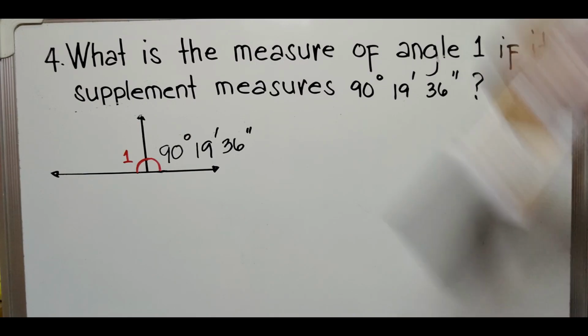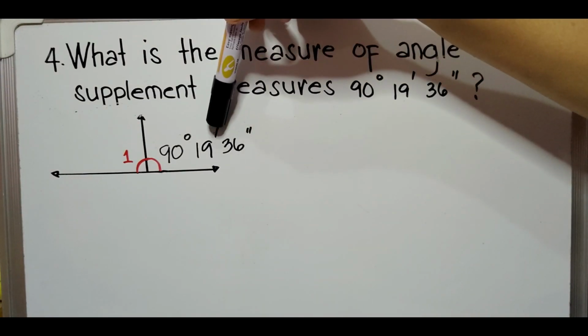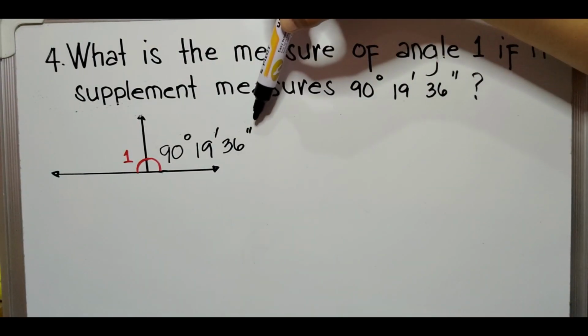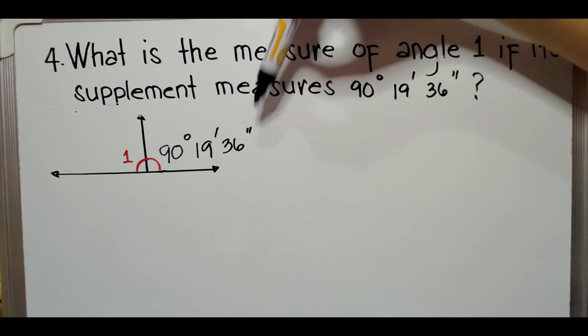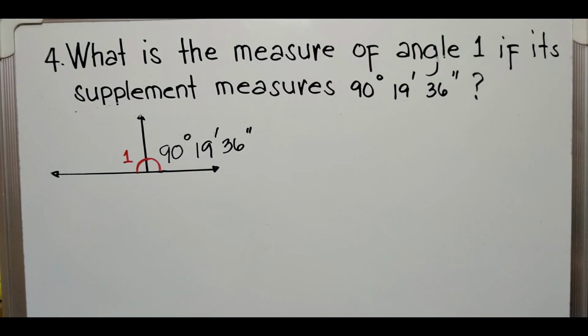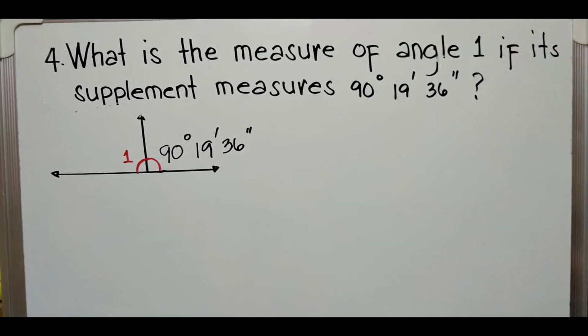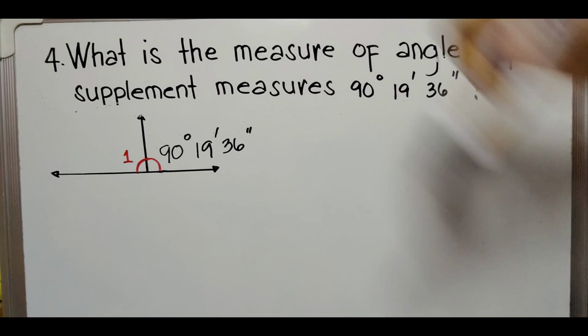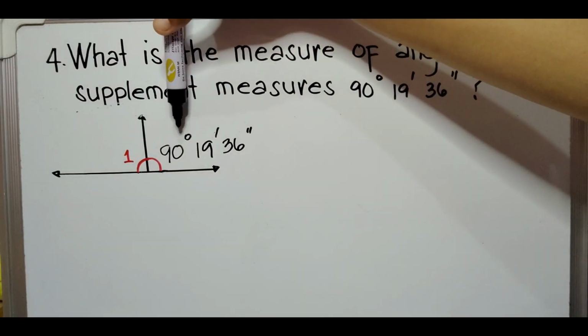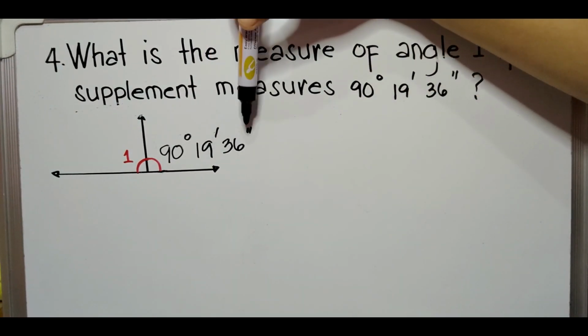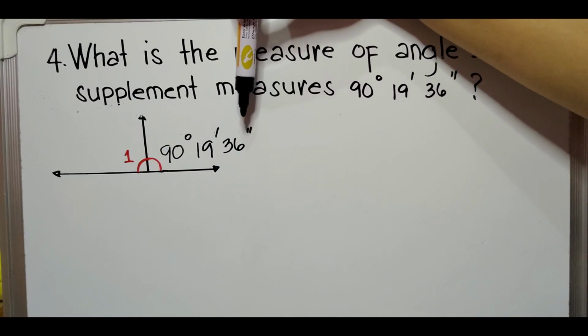Are you familiar with this symbol? This symbol is for minutes, and this symbol is for seconds. Don't be afraid if you are new to this or not familiar with it, because we can just relate this to the units of time. Degree is to hour, minutes is to minutes, seconds is to seconds. Are you still confused?